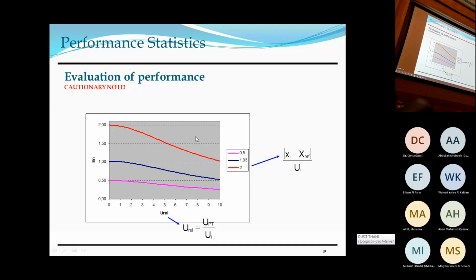I have 3 curves. One is for an En number of 2 with no PT uncertainty. And you see that once I start including the PT uncertainty, it can come all the way down to 1.